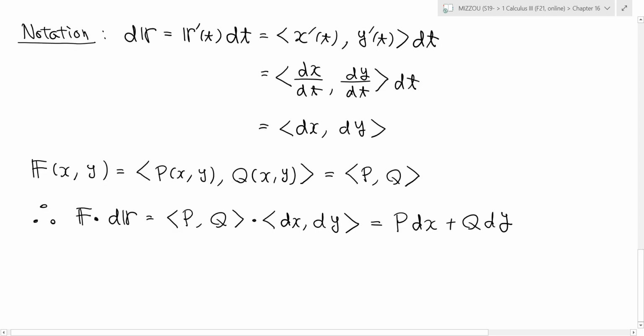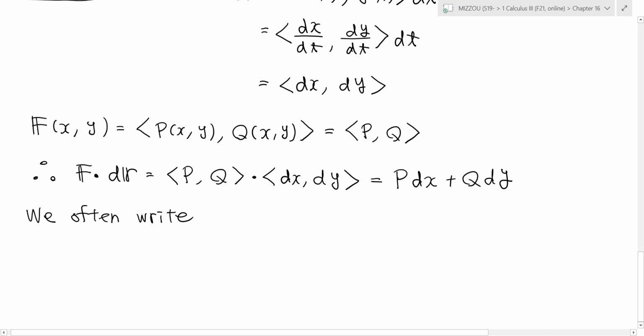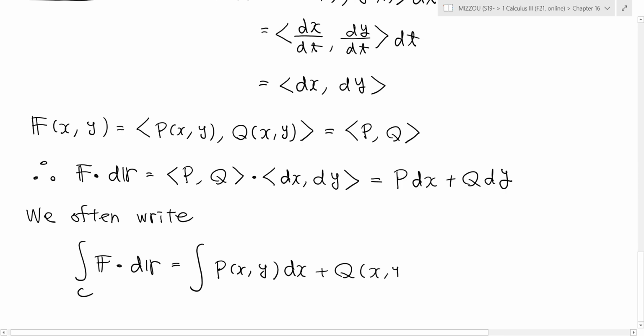So therefore, we often write the line integral of the vector field as the integral of P of x, y dx plus Q of x, y dy over C. This is just a notation, okay?